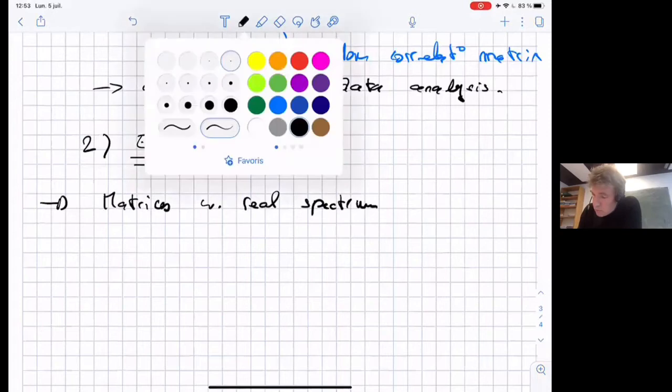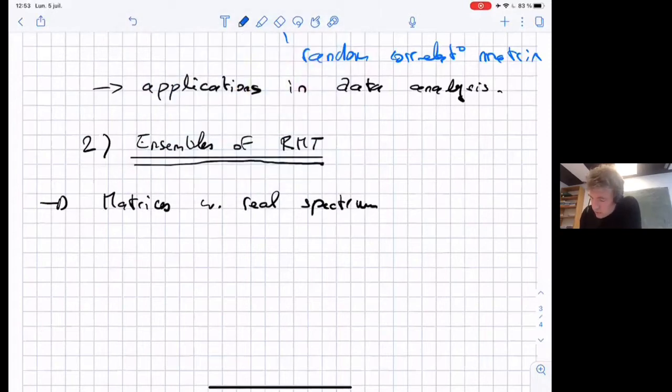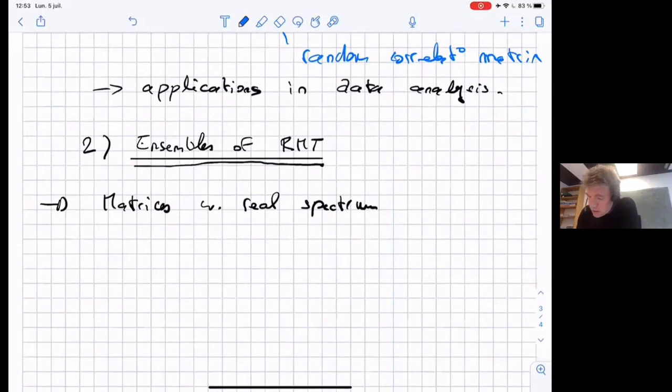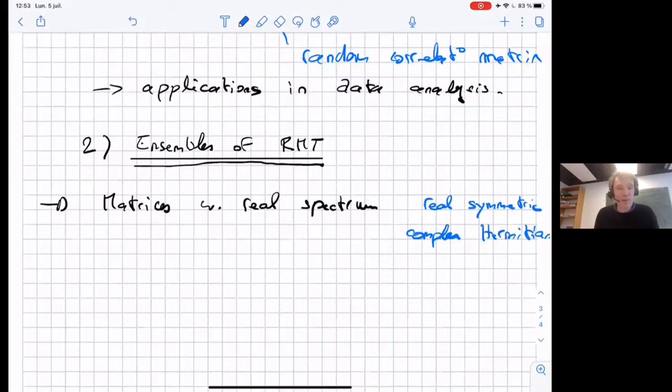To be more concrete, I will even look at the case where either the matrix is, say, real symmetric, or complex and Hermitian. Because in these cases, of course, we know that the eigenvalues will be real, even though they are random.